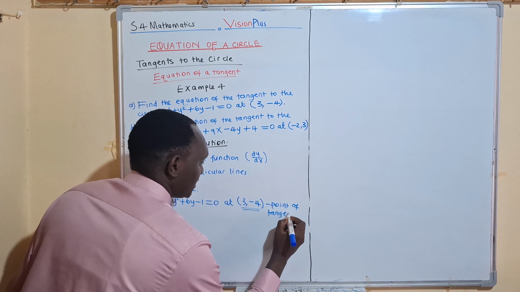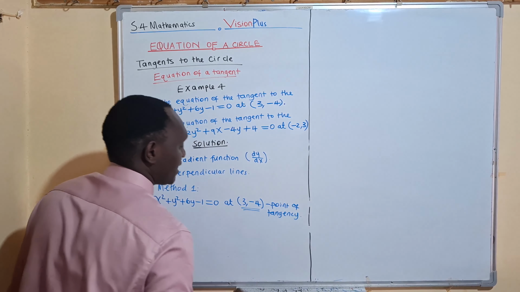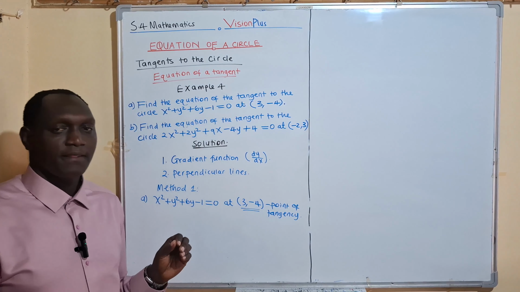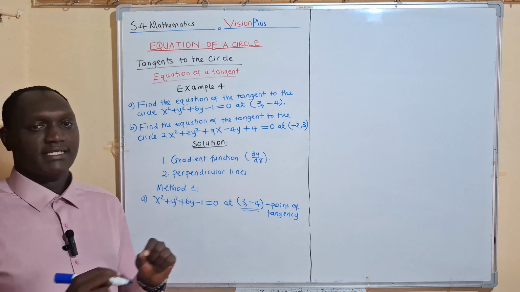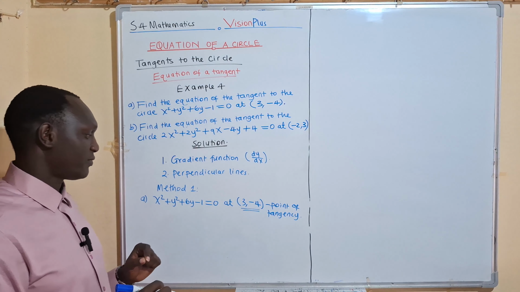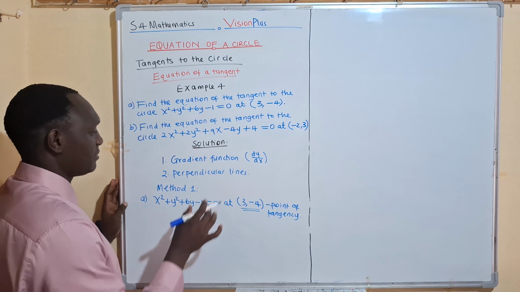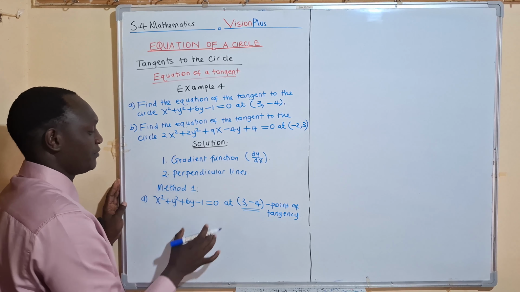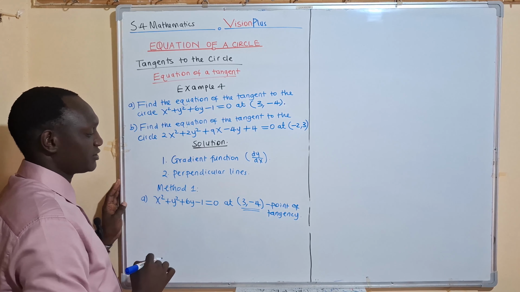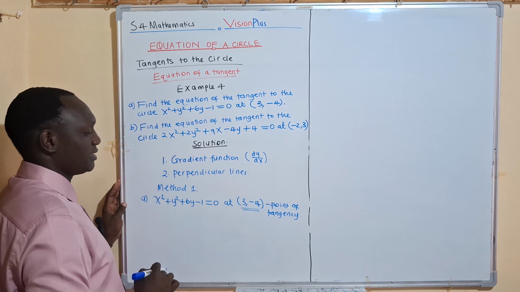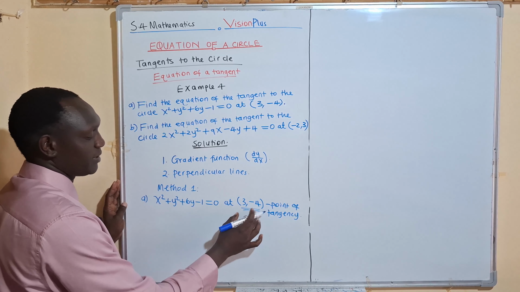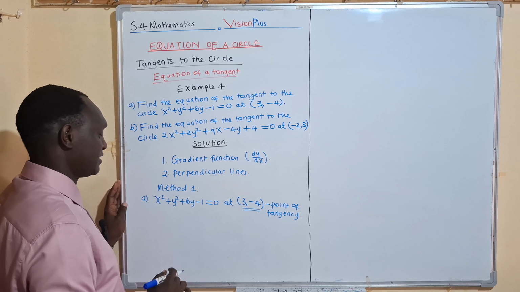The point of tangency is the point on the circumference of the circle where the tangent touches the circle. When using the method of the gradient function, it is not necessary to sketch the circle. The main point is we must know that this is the point of tangency.